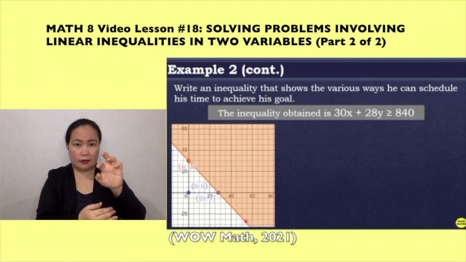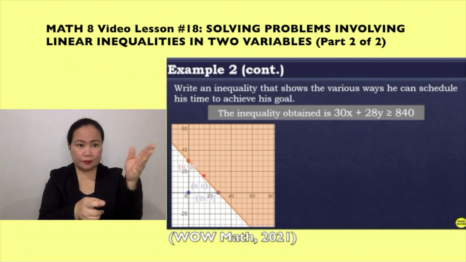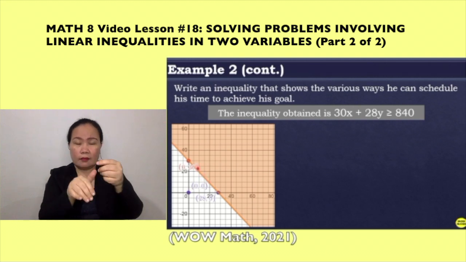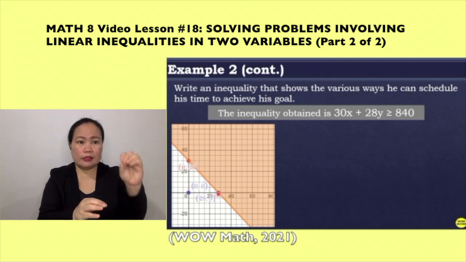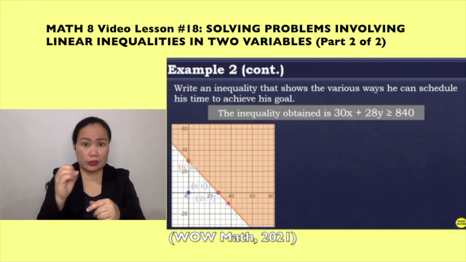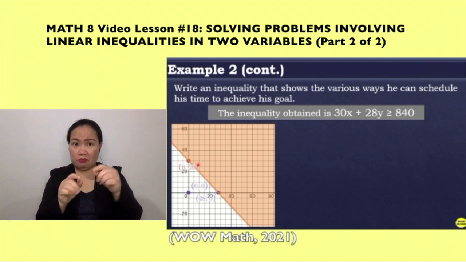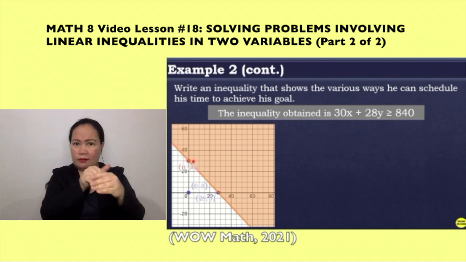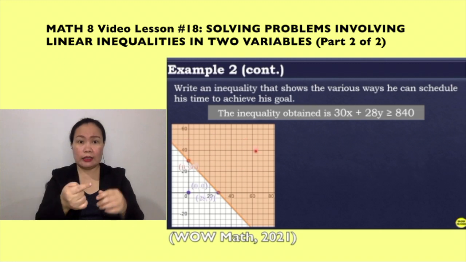Ito bang nasa boundary line mo ay kasama sa solution? Yes. Kapag solid line, kasama siya sa solution. So, ibig sabihin, itong 0, 30 mo at 28, 0, kasama siya sa solution. Okay? If it's a broken line, ibig sabihin, hindi part ng solution yung mga points ng line na to. Okay? So, ito lang po na shaded region. Okay?